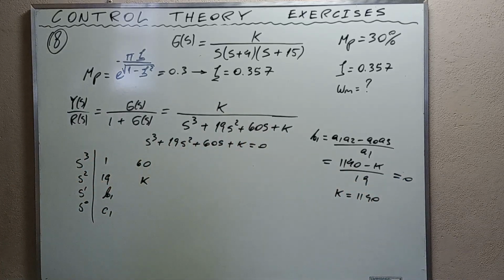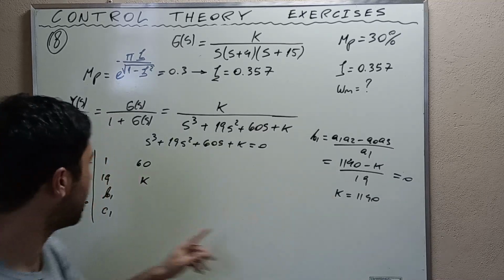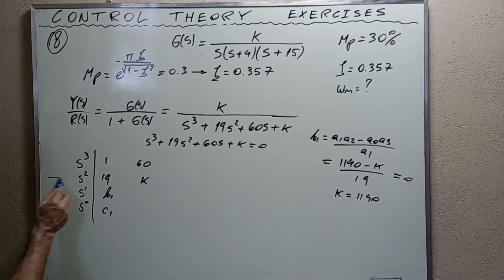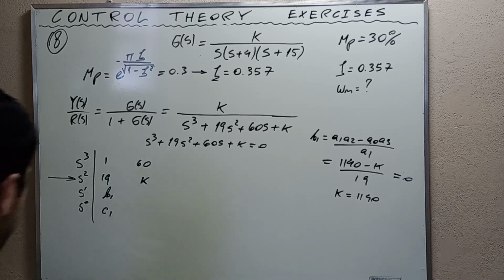This is one condition, the first step. Now the second step: in this way, it is possible to use the s squared row as an auxiliary equation, okay?